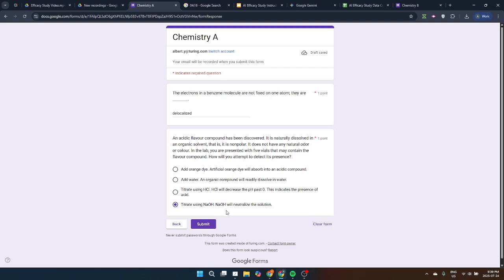NaOH, a very strong base, will neutralize the acidic solution. Adding just more acid won't really help. Decreasing the pH past 0 is unnecessary. I don't know if HCl is even strong enough to decrease pH past 0. Maybe it is in high enough concentration, but yeah, I think that makes sense.